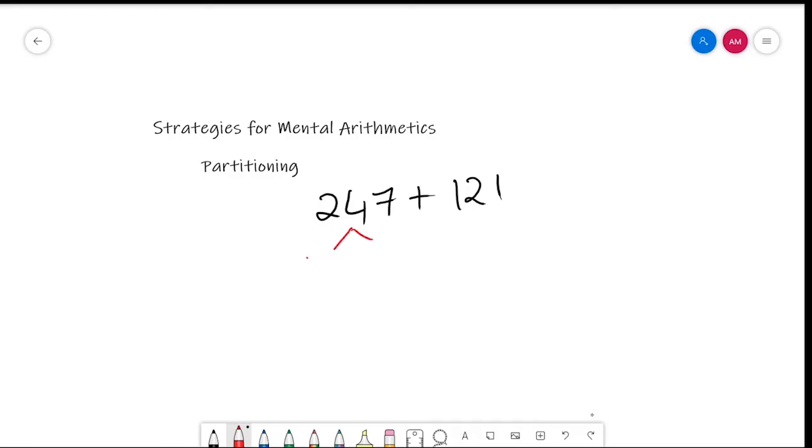into two numbers. That is 200 plus 47. Or even, you can partition it further, 40 plus 7. And similarly, you can partition 121 into 100 plus 21. And even further, you can partition 21 into 20 plus 1. So it means we can write something like this.